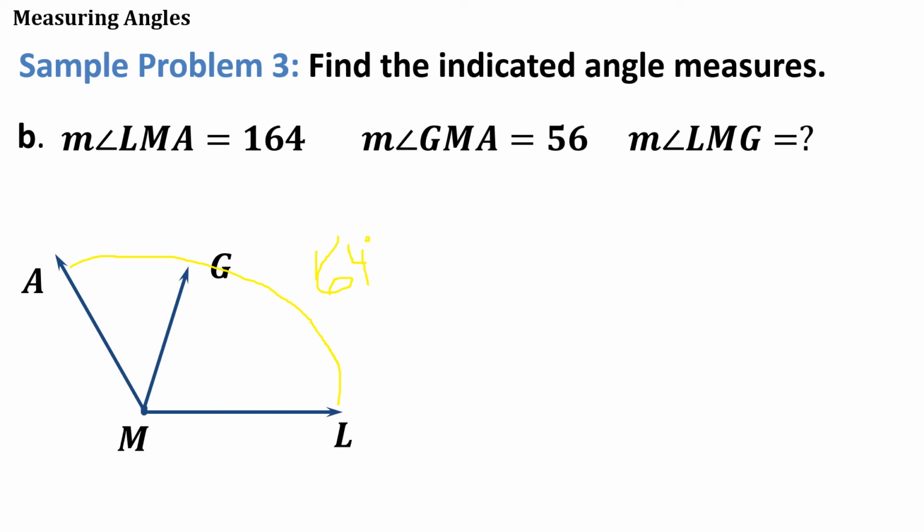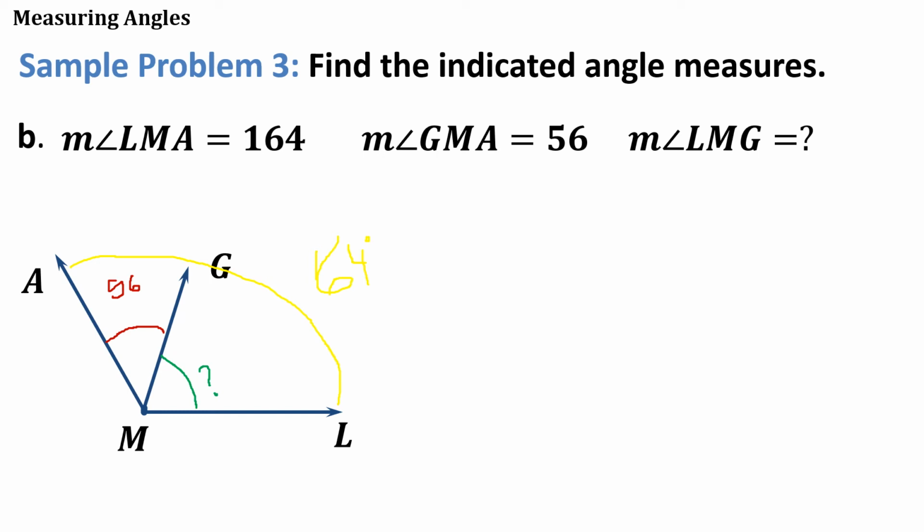And they are telling you that GMA, that means from here to here, is 56. And sorry, but I'm using my touchpad right here. They are asking me for the measurement of angle LMG. What we do not know is everything from here to here. We do not know that measurement.